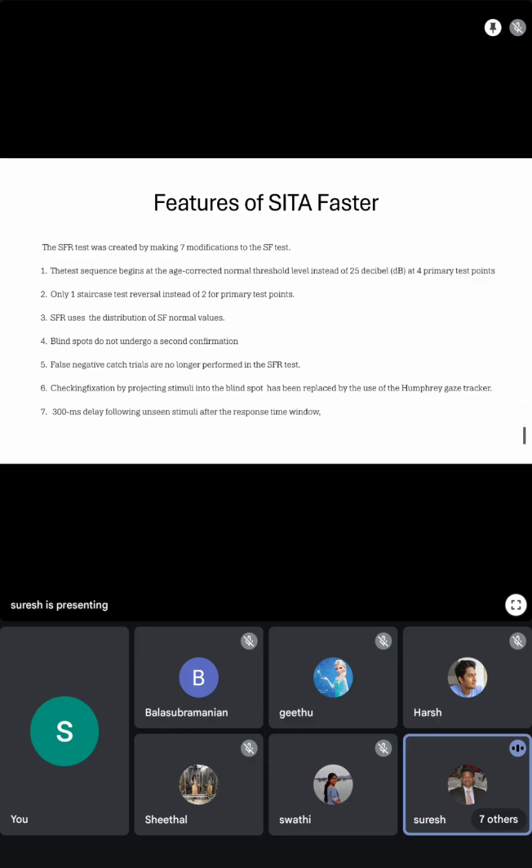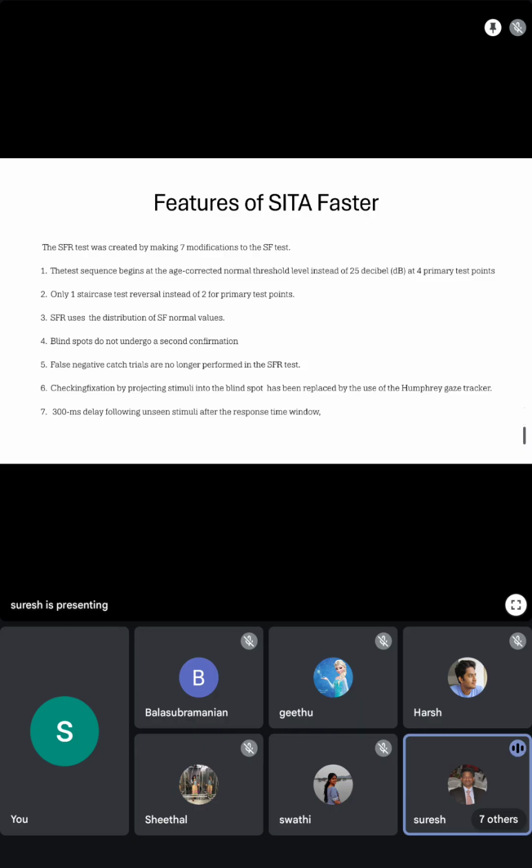The fourth thing is blind spots. Normally, when you do a SITA Fast or a SITA Standard, the blind spots are repeatedly checked to confirm whether fixation is okay or not. Now they do away with the blind spots. Instead, they give more importance to the gaze tracker, and the Heijl-Krakau method is not given more importance. One more thing is the false negative catch trials.